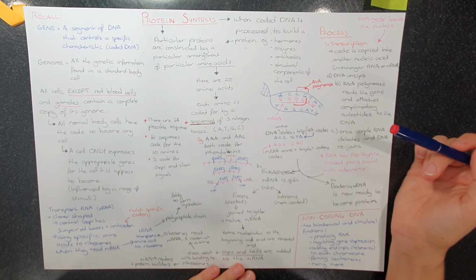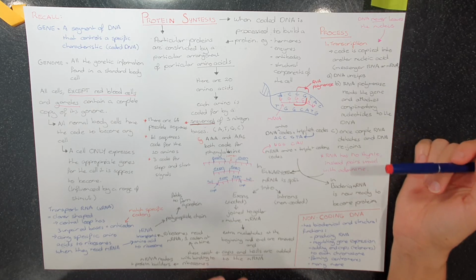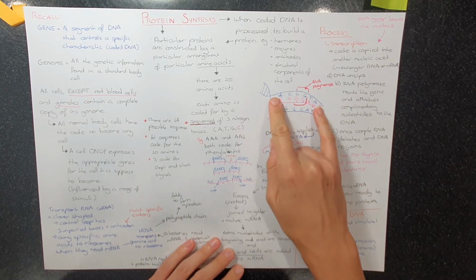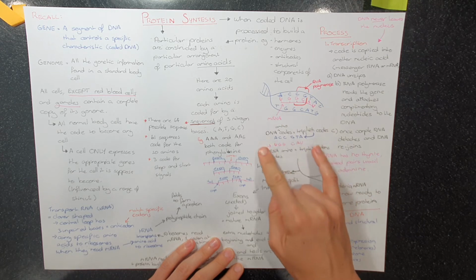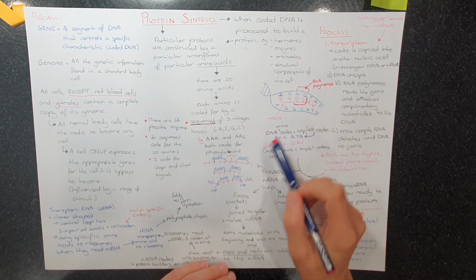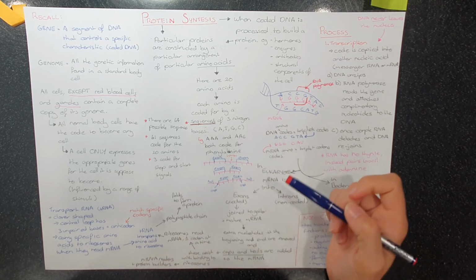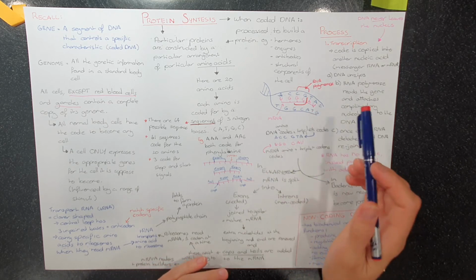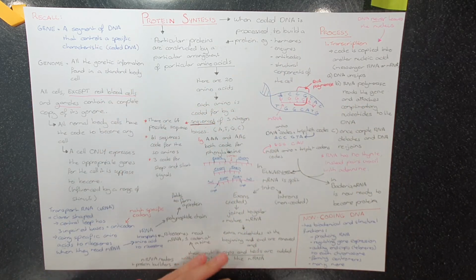The DNA amino codes are the next thing. So what has been coded here is now separated and on its own. We know it's a section of DNA that's coded, and we know that it's a gene.